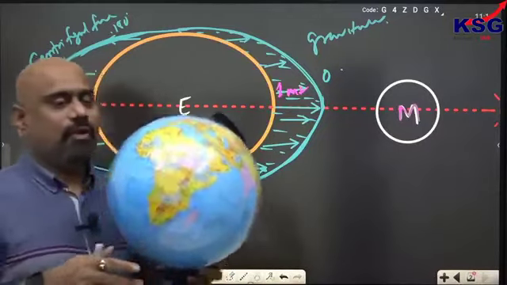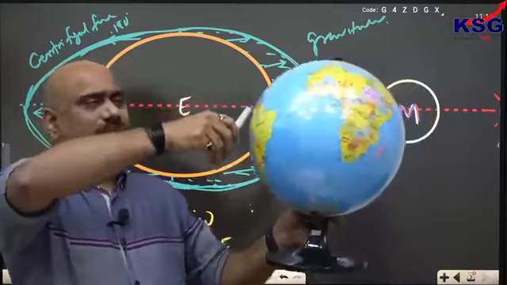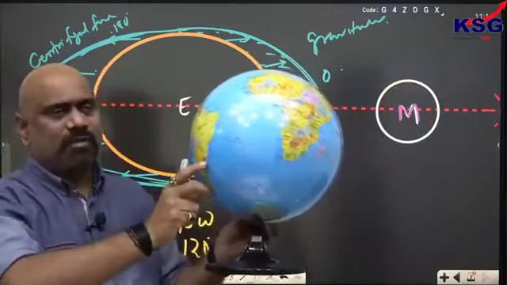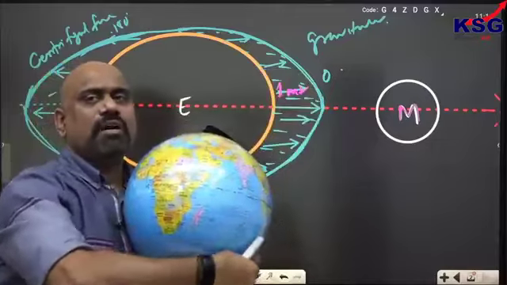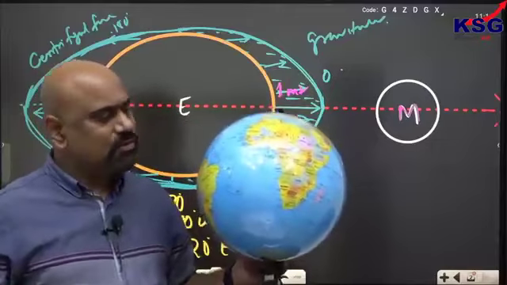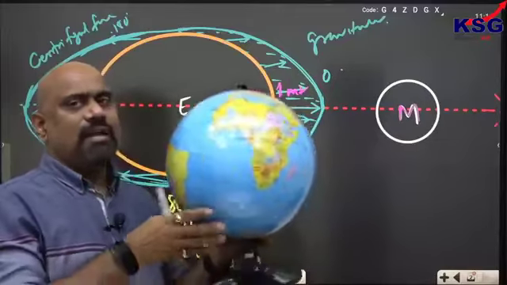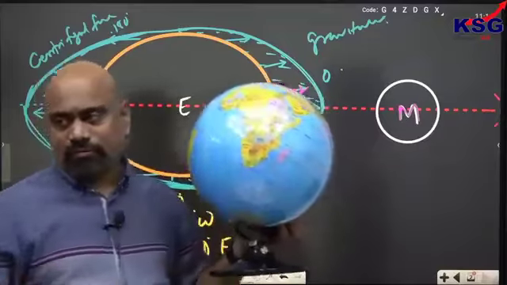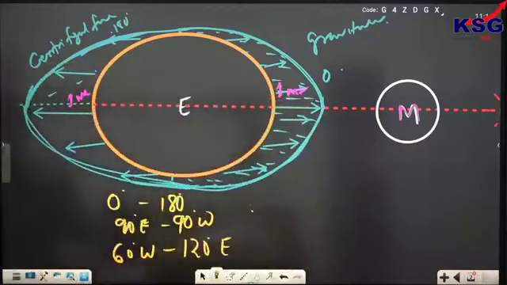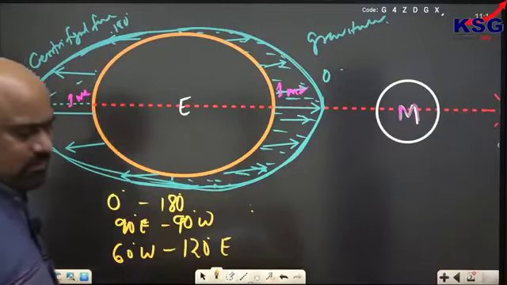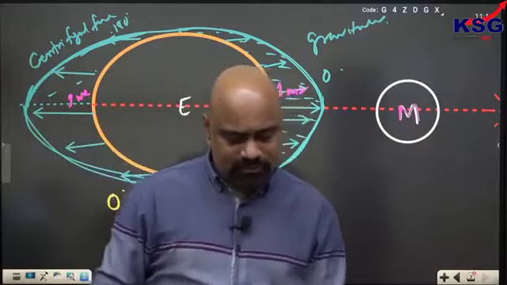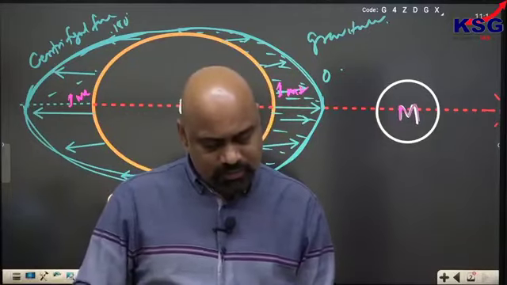Because of gravitational attraction, you have bulging in one meridian and the same on the opposite side, and this leads to high tide at two places at a time over the earth surface, exactly 180 degree opposite to each other. So here is the beauty of this particular phenomenon.